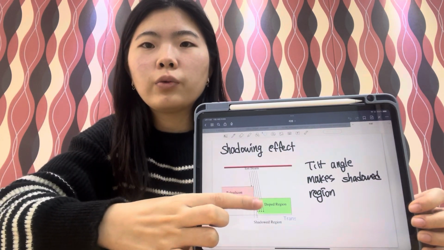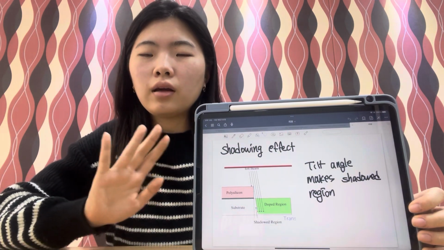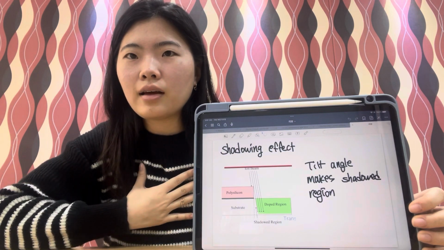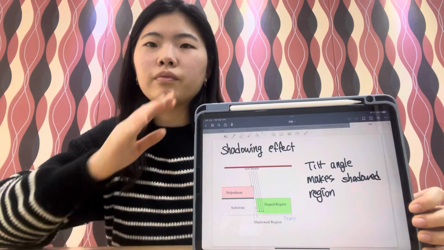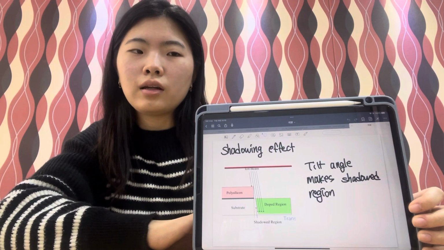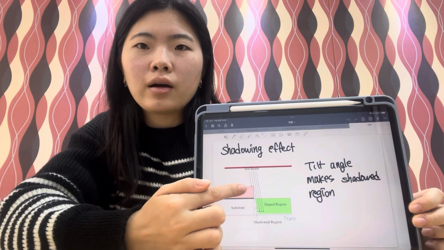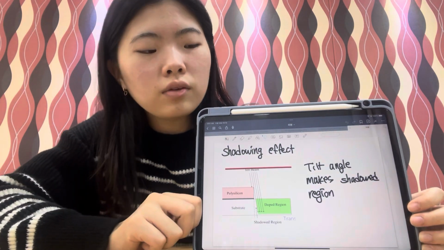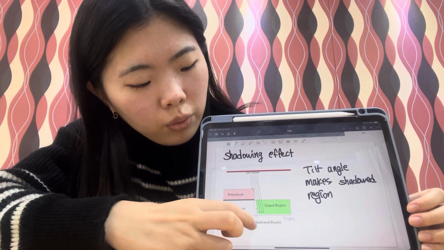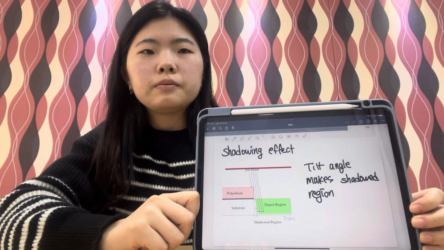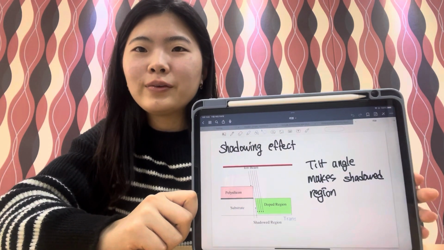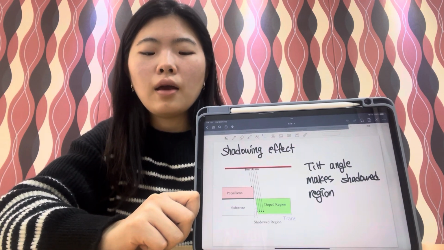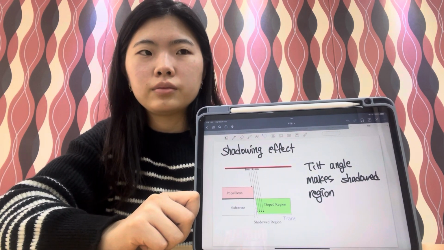We call this the shadow region, because that area cannot get energy from the ion beam as it is shadowed by the upper pattern. So the shadow region cannot be patterned after the process.